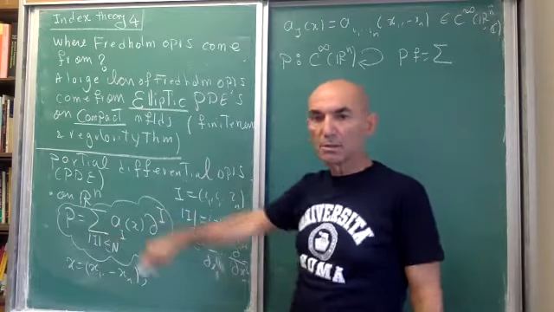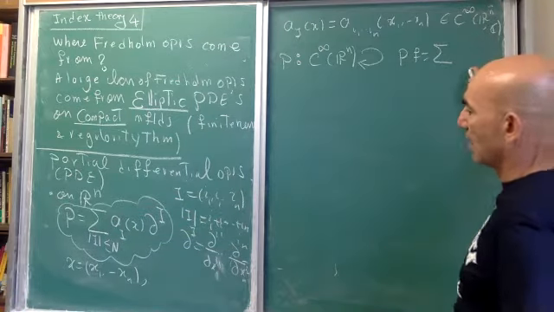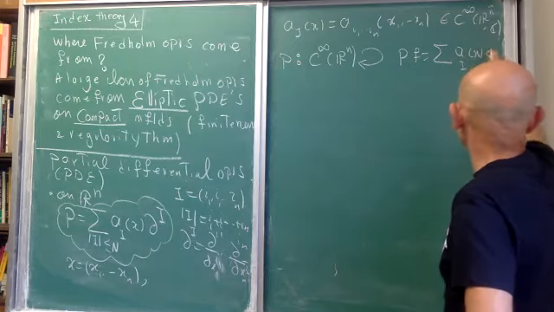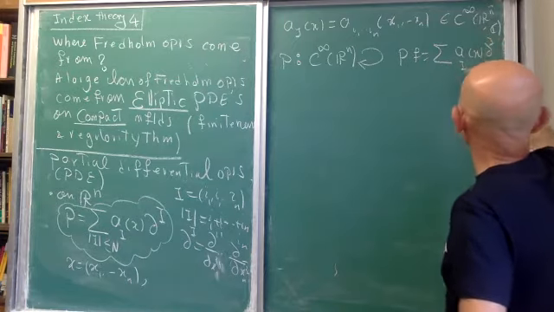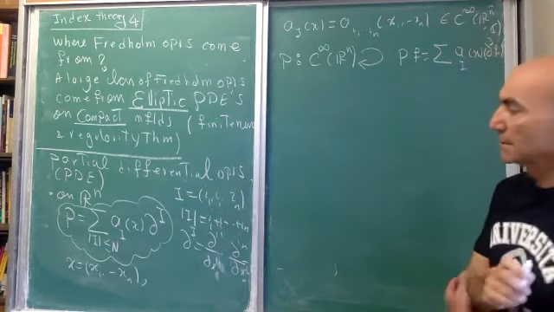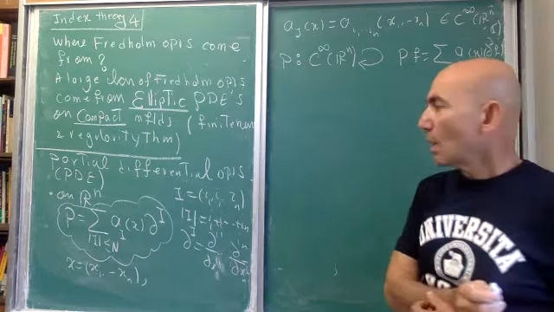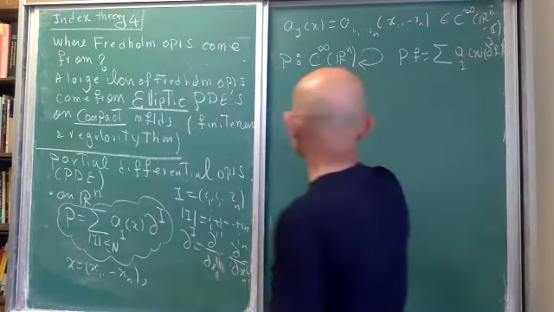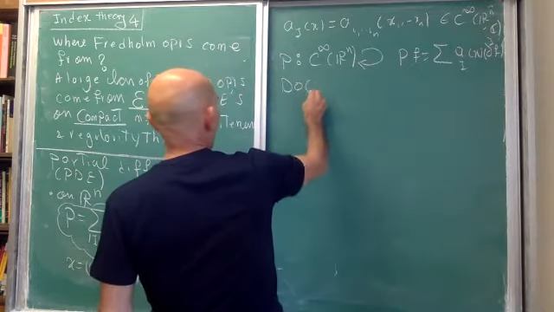So this is the way it acts: the sum of a_I(x) ∂^I f. Maybe I can denote this by DO(R^n), the differential operators on R^n.